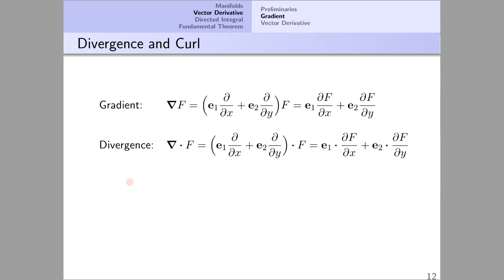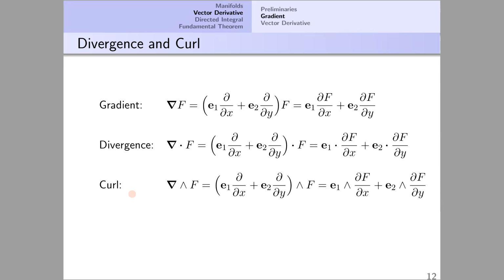The divergence is the vector del inner product f, which can be written this way and expanded. And the curl. Recall that in geometric algebra, we replace the cross product with the outer product, the curl then being the vector del outer product f, which looks like this, and which expands to this.